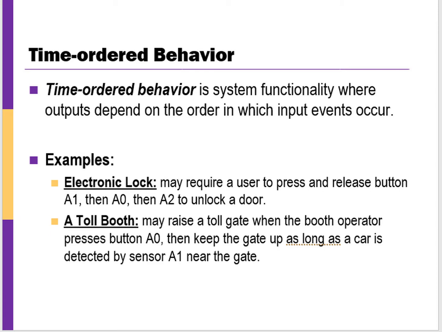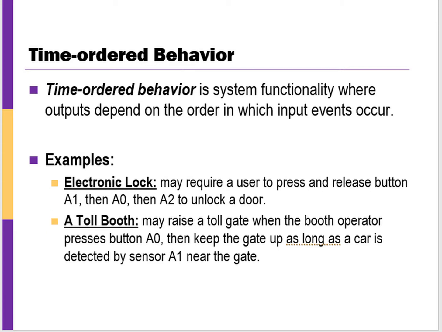Another example might be a toll booth. Imagine a toll booth operator operating a toll gate. The operator might press button A0, and then the gate is kept up as long as it's detecting that a car is near the gate based on sensor A1. So the operator presses a button, the gate goes up, and as long as that car is still there, it hasn't passed through that location, it's going to keep that gate open.